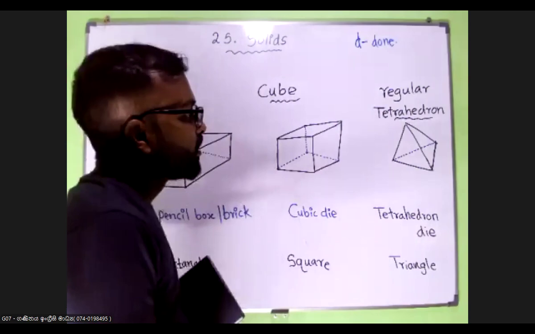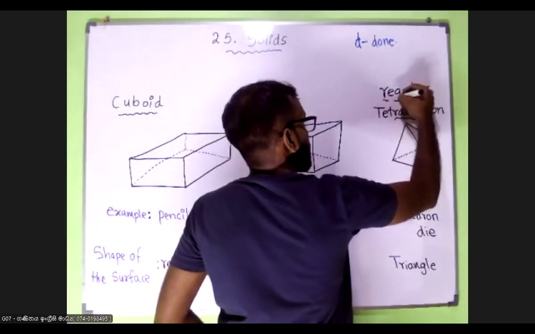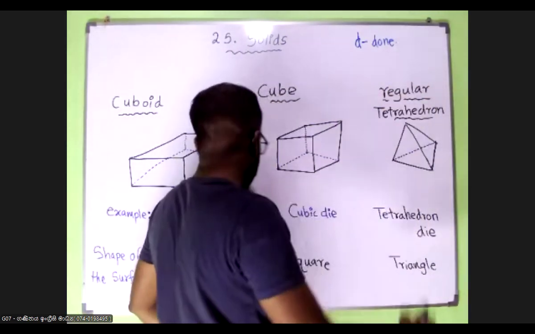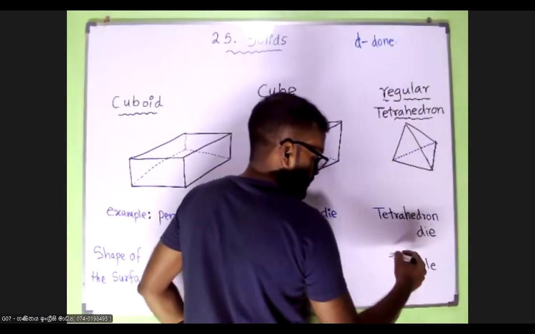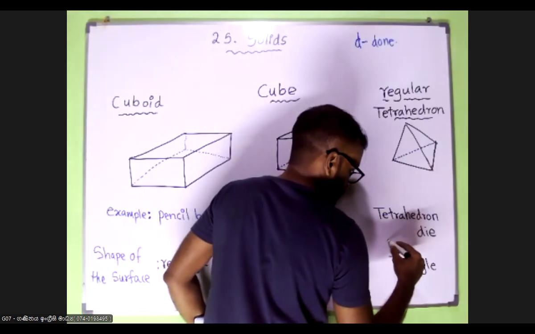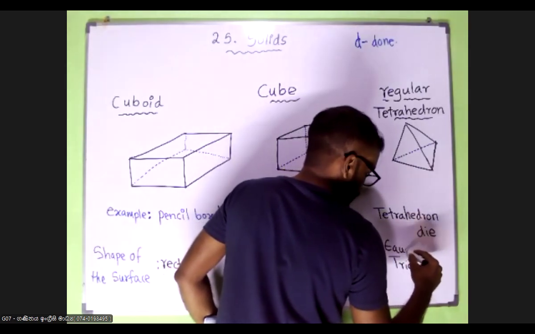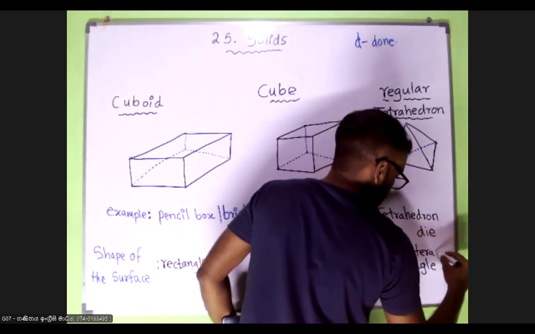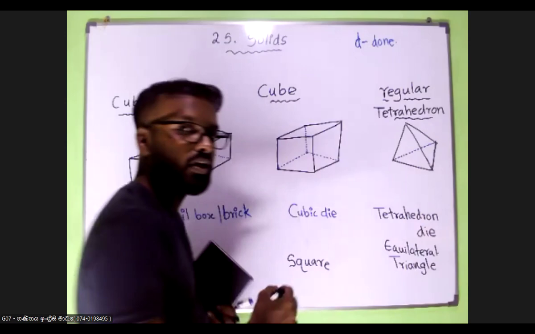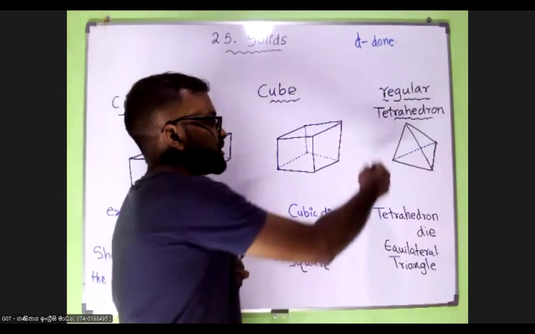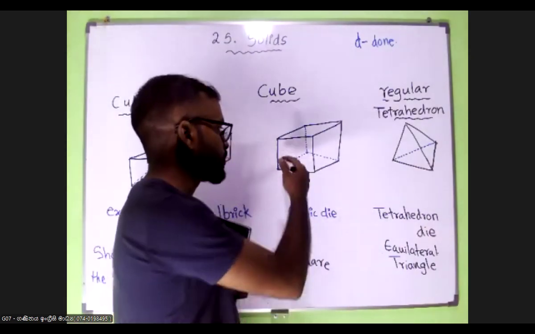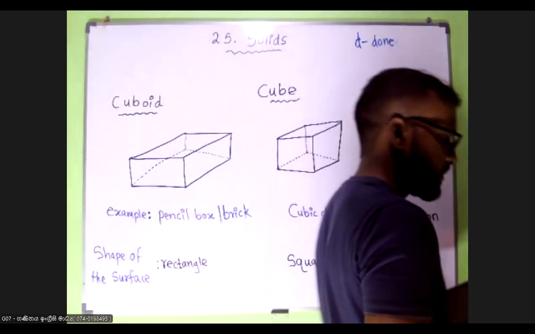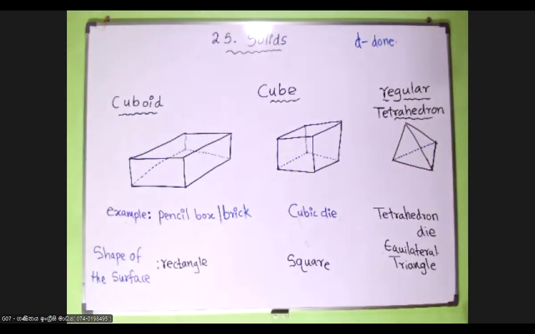So I forgot this. If you have a regular tetrahedron, you have to use equilateral triangle, where all the sides are equal, like in a square. I am discussing these things very slowly.